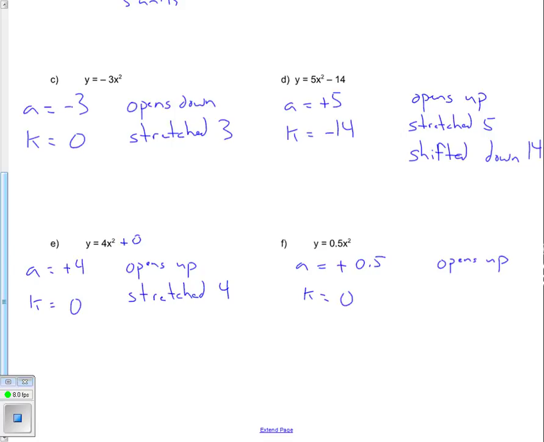And because the a value is bigger than 0 but less than 1, this particular parabola is not stretched, it is compressed. It's been flattened out. It's become fatter, as it were. So it's compressed by 0.5. And again, there is no vertical change at all because the k value is 0.